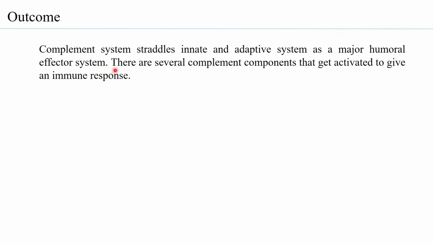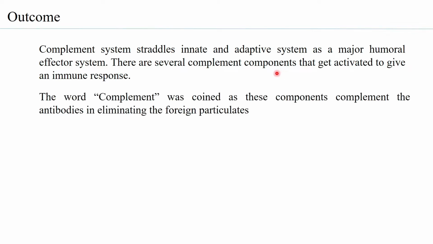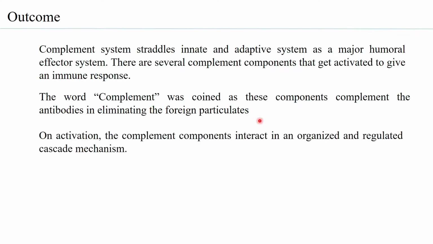eliminates the foreign particulates. There are several complement components that get activated to give rise to an immune response. The word complement was coined as these components complement the antibodies in eliminating the foreign particulates.